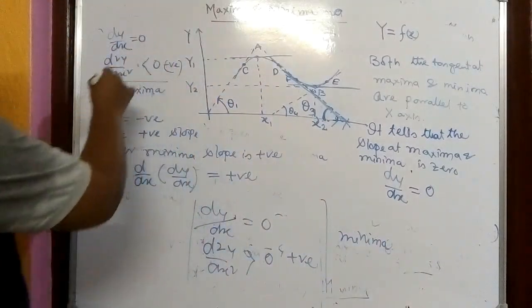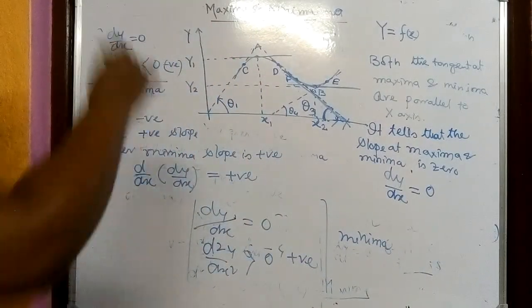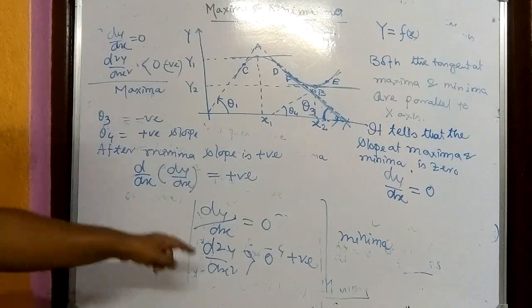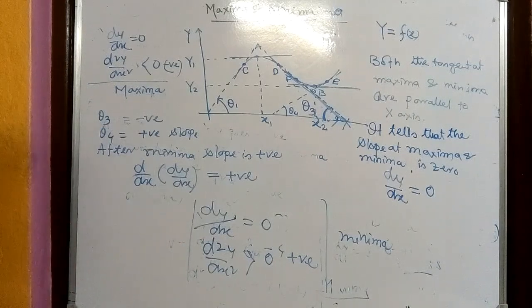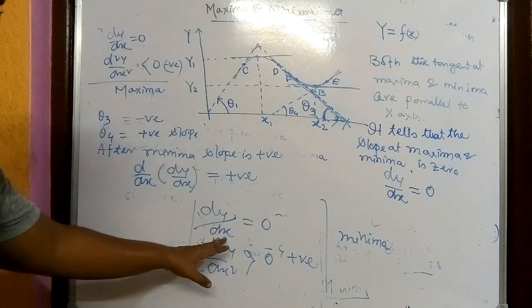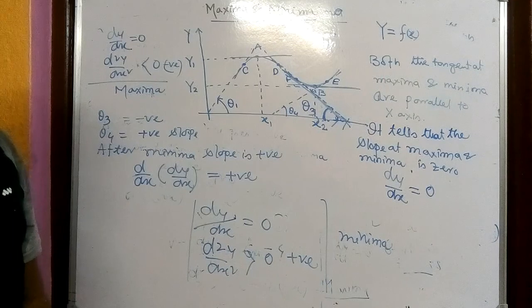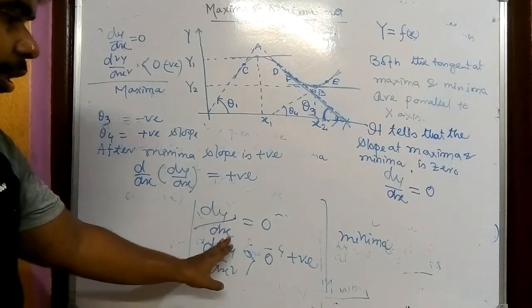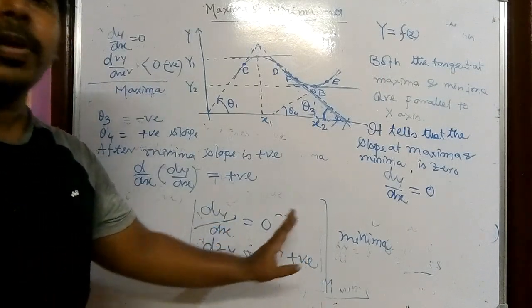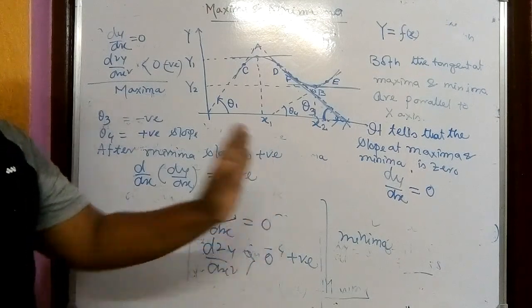If d2y by dx2 is negative, we will get maxima at that point. By making dy by dx zero, whatever value of x we get, based on that we will check.